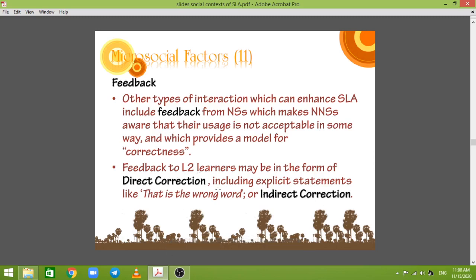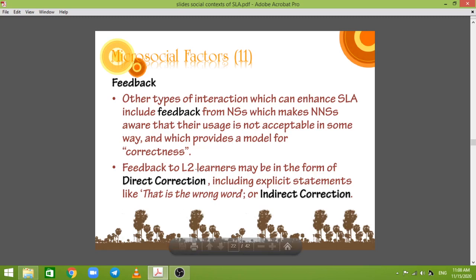Normally, feedback is related to correctness, because feedback is information provided to someone, for example a student, to help them understand that they are using the right target language. Everyone, that can be spoken feedback or written feedback.